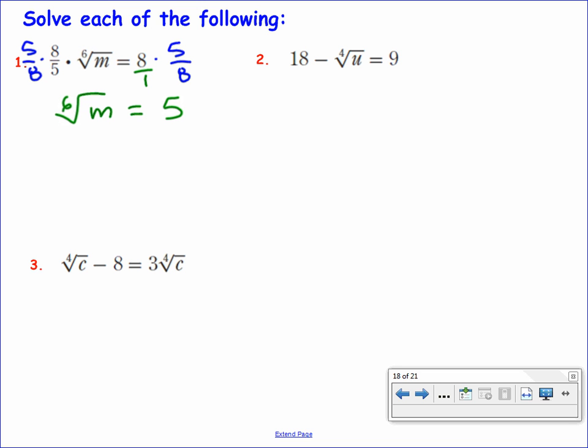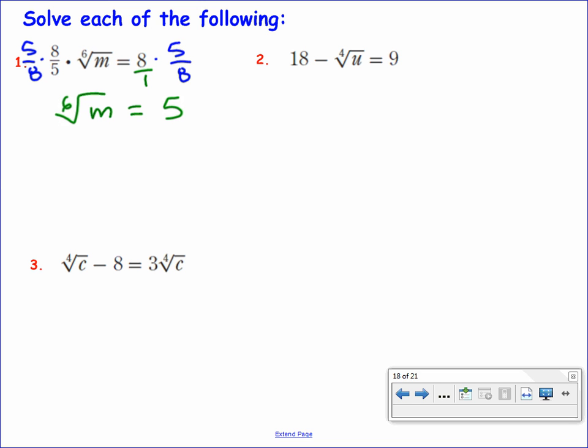Is it set equal to a positive or negative output? Mark? Positive. Do I expect to see one real solution or no real solution when I have that even set equal to a positive? Cody? 1. And so we expect to see a real solution.